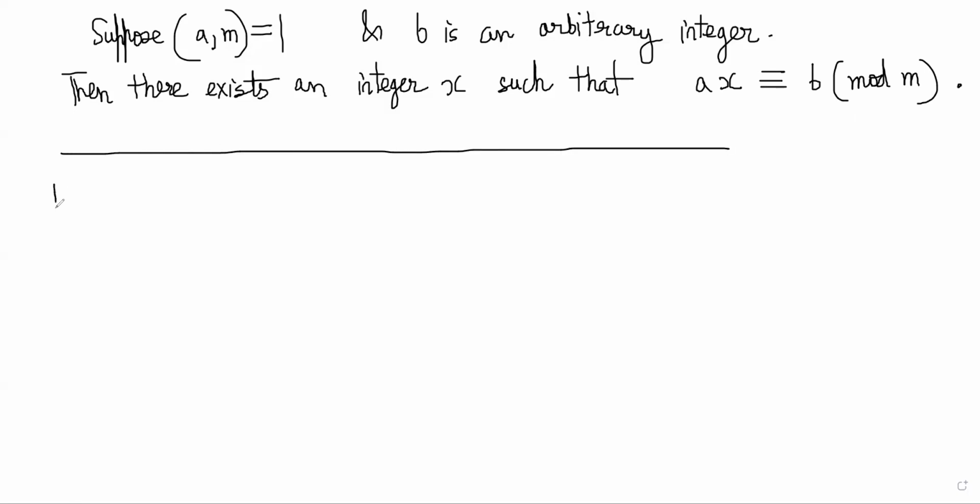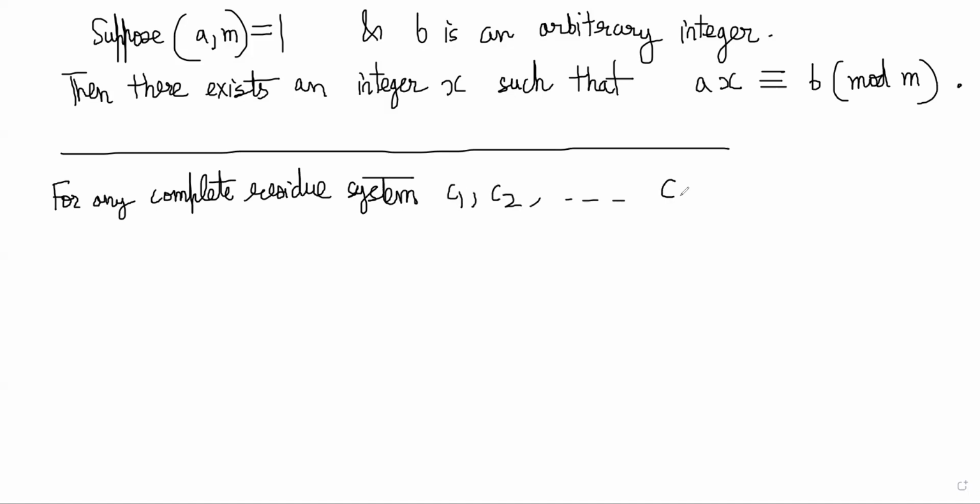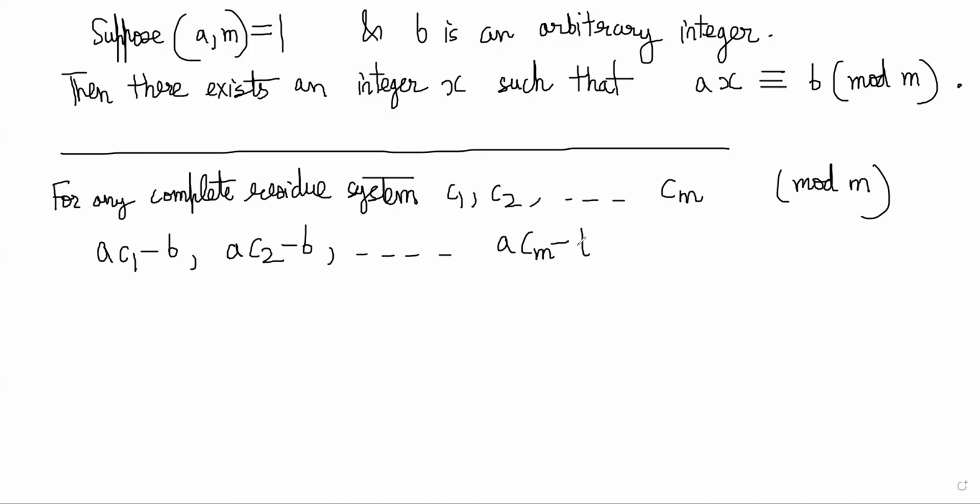If you take any complete residue system C1, C2 till Cm, this is mod m. We know from the previous property that a times C1 minus b, a times C2 minus b, and so on till a times Cm minus b mod m is also a complete residue system.